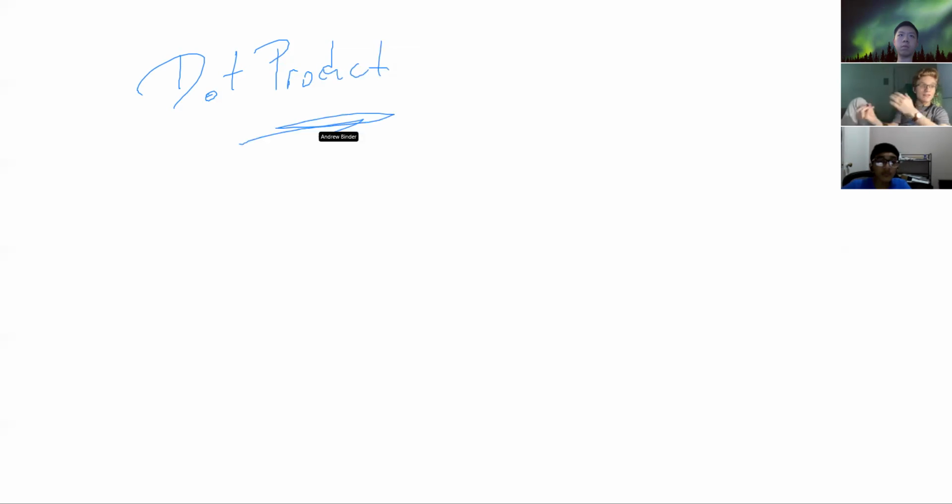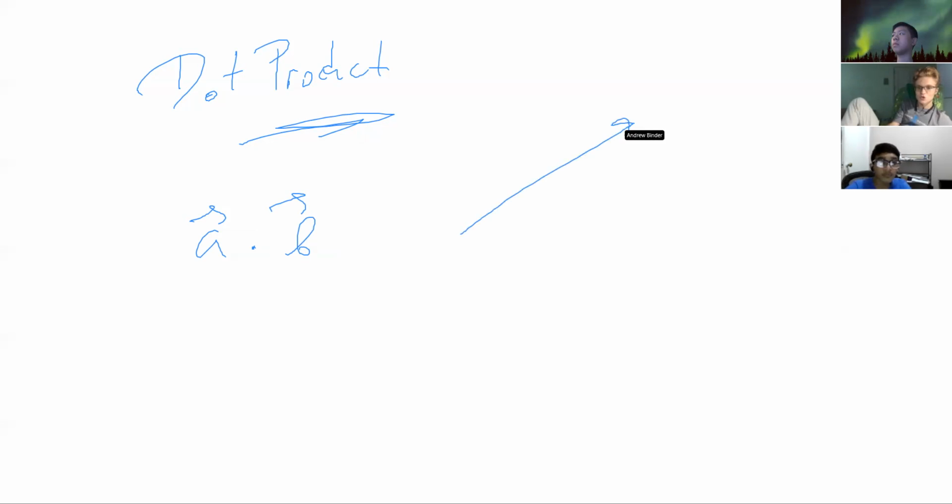So the first thing that I want to quickly bring up is what's called a dot product. A dot product is what we usually mean in physics when we say multiply vectors. It's denoted A dot B, and that's our dot product. What a dot product describes is basically how much of an effect one vector has on another.